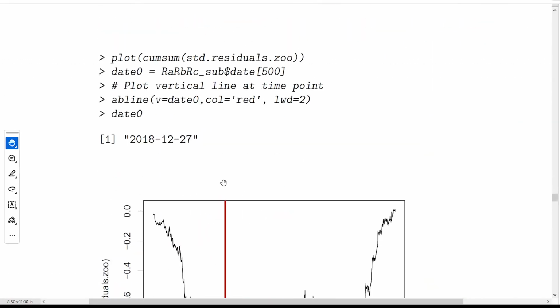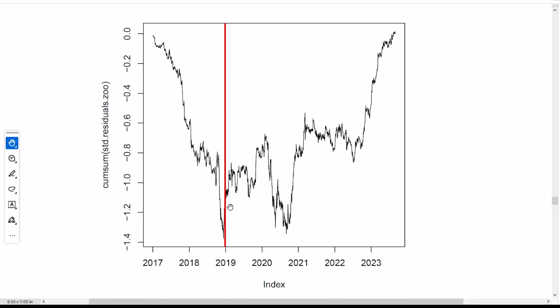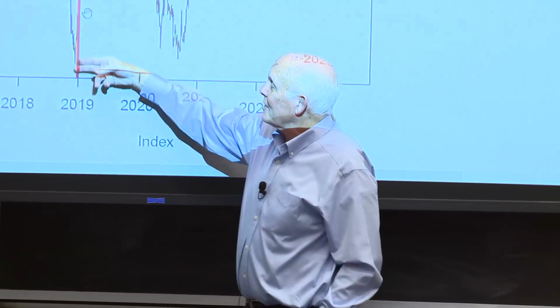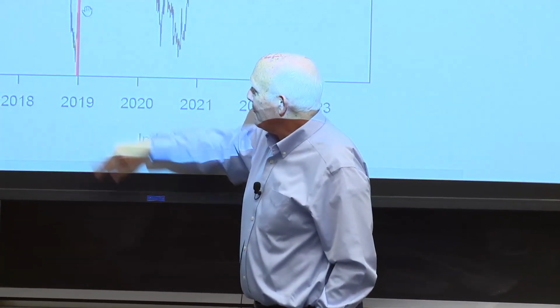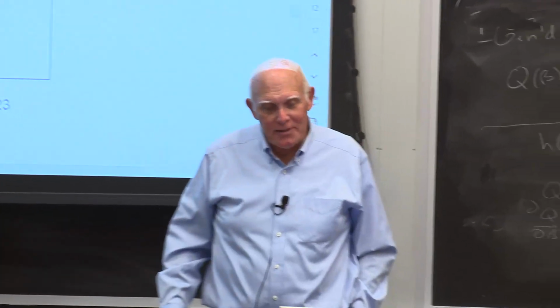Now, with the GE stock, I subjectively chose this period split for A from B. If we look at the cumulative sum of standardized residuals from the regression model, then we basically have residuals that are consistently negative, accumulating to a lower value around 2019, and then later expanding beyond that.